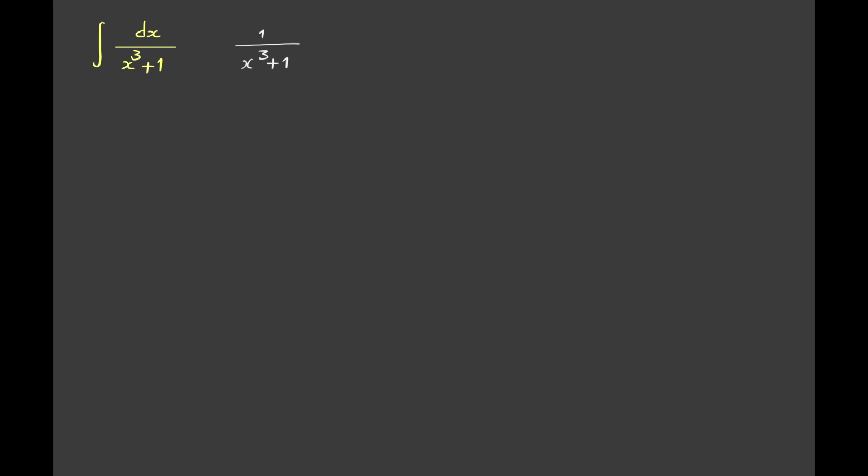The factorization, by the way, I am using this identity. Let me also remind you this identity here. So if I have the sum of two cubes, then this can be factorized as a plus b times a squared minus ab plus b squared. Okay, so here I want to give the role of a to x, and by imagining that 1 is 1 to power 3, I can give the role of b to 1.